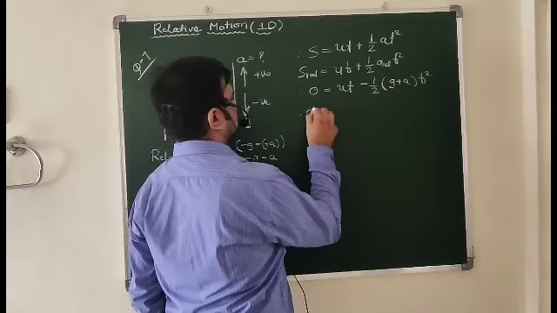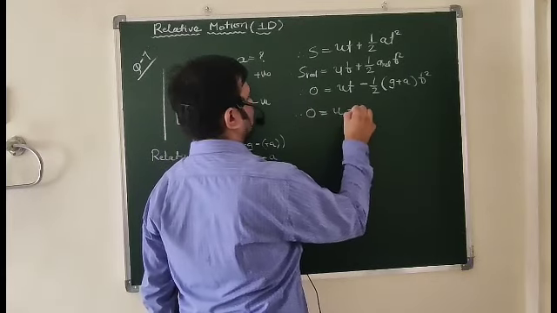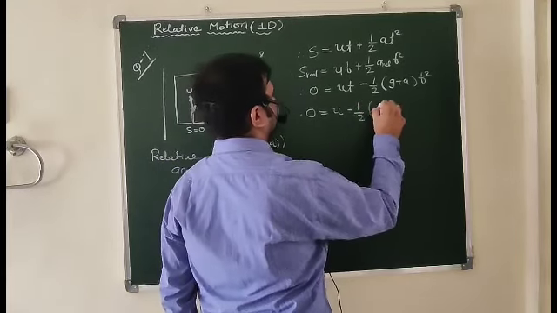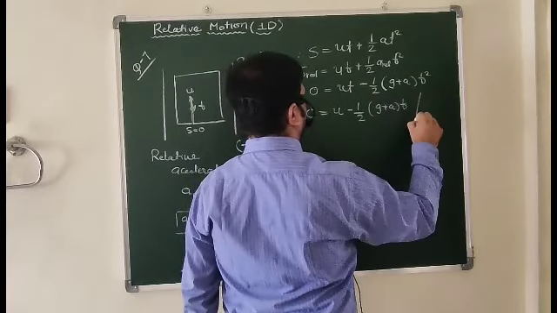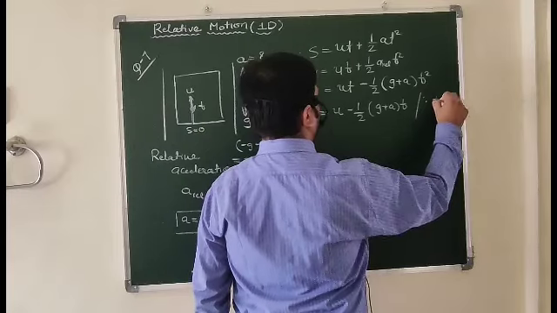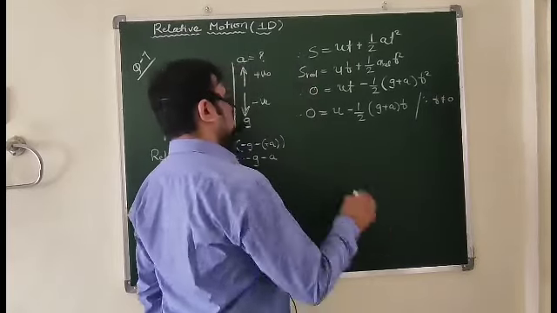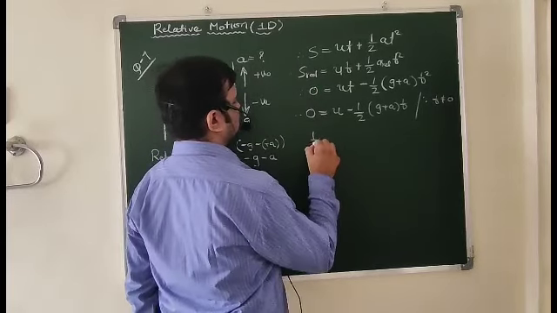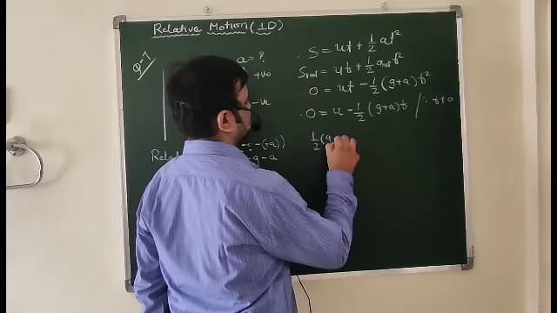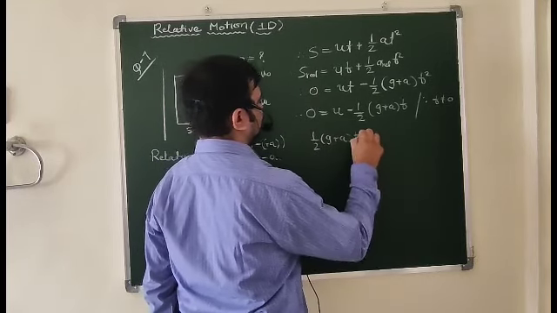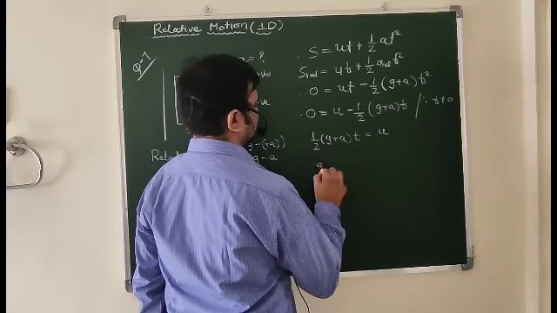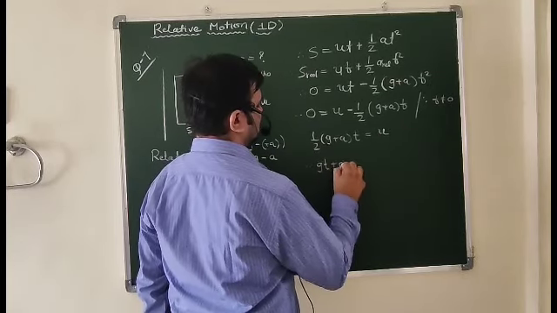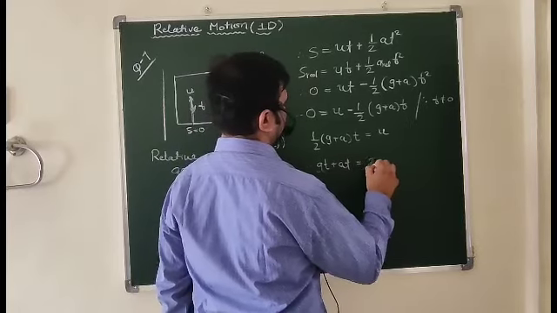So t is common and cancelled, as t is not equal to 0. So u minus 1 by 2 (g plus a) t equals 0, so 1 by 2 (g plus a) t is equal to u. So gt plus at is equal to 2u.